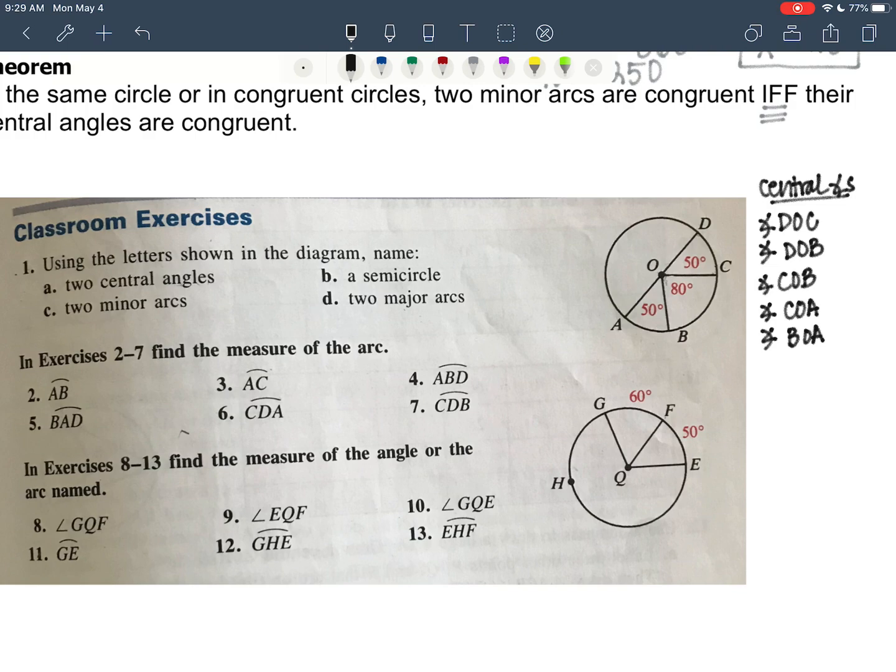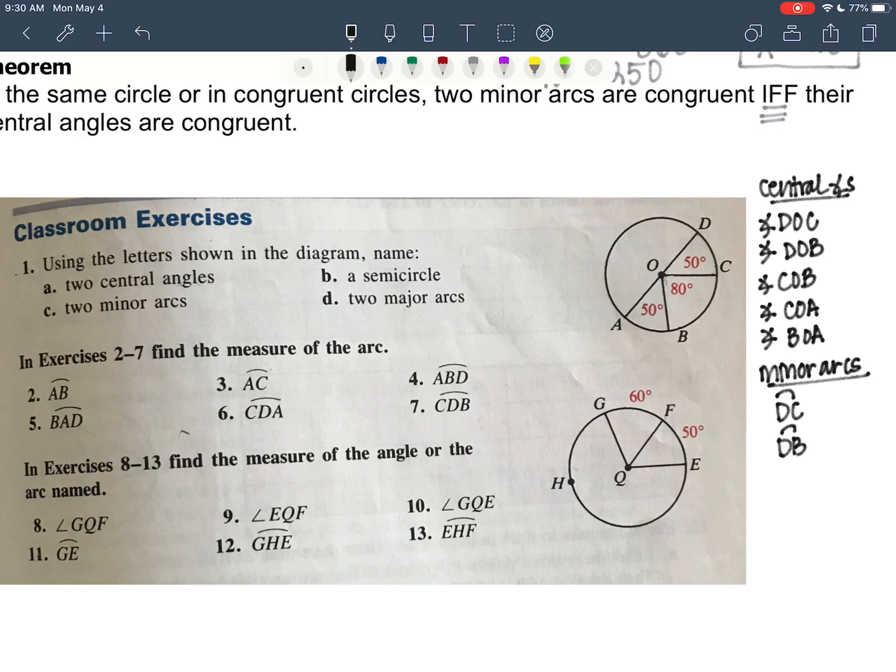Now we're going to name minor arcs. The minor arcs are going to follow their central angles. Arc DC goes with angle DOC. Angle DOB is going to be arc DB.